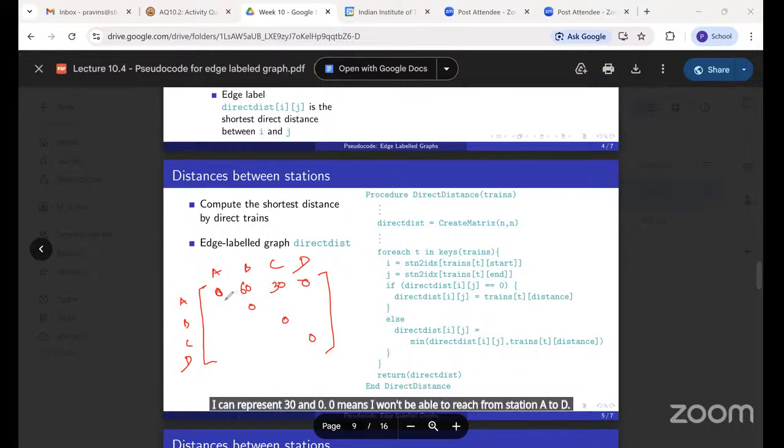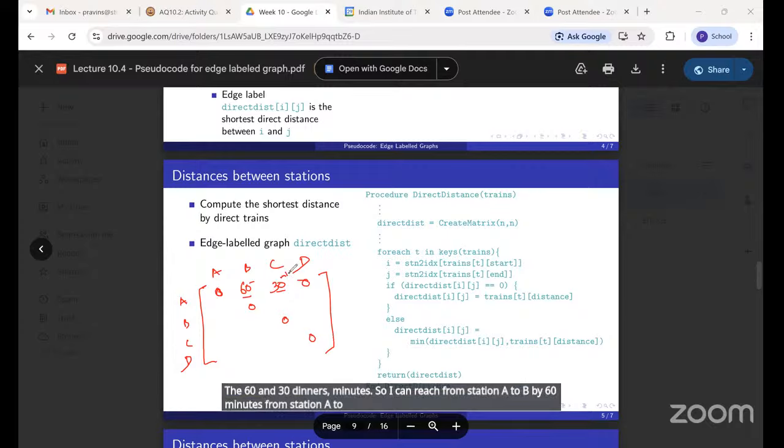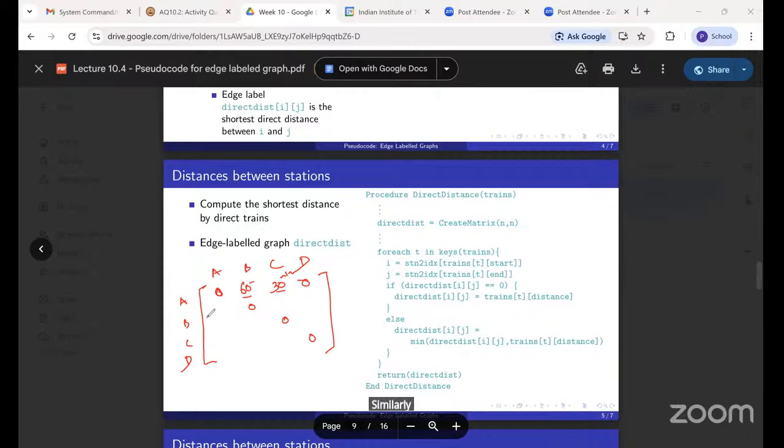But B and C say I can reach from station A to B in 60 and station A to C in 30. The 60 and 30 denote minutes. So I can reach from station A to B in 60 minutes, and from station A to C in 30 minutes. Similarly, I can reach from station B to A in 25 minutes, which is not supposed to happen in a real case, but if you are considering pseudocode, it might.